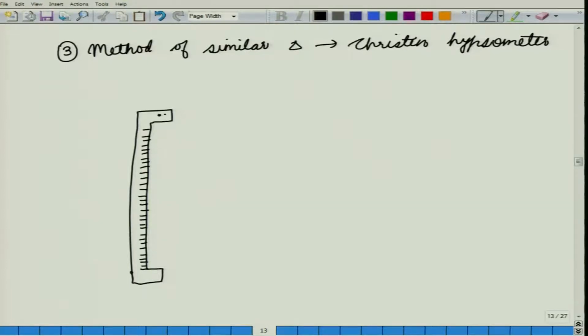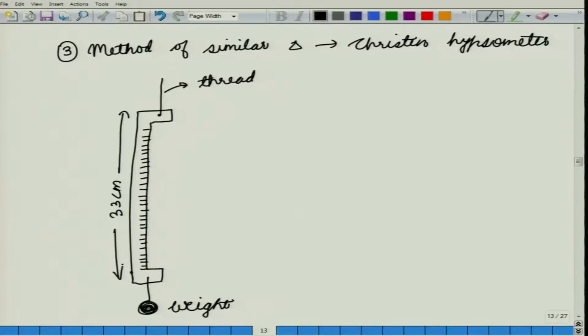One end of the hypsometer would be connected to a thread to suspend it, and the other end would be connected to a weight, so that the hypsometer is kept vertical at all times. The length of a hypsometer is generally taken to be 33 centimeters or roughly a foot.